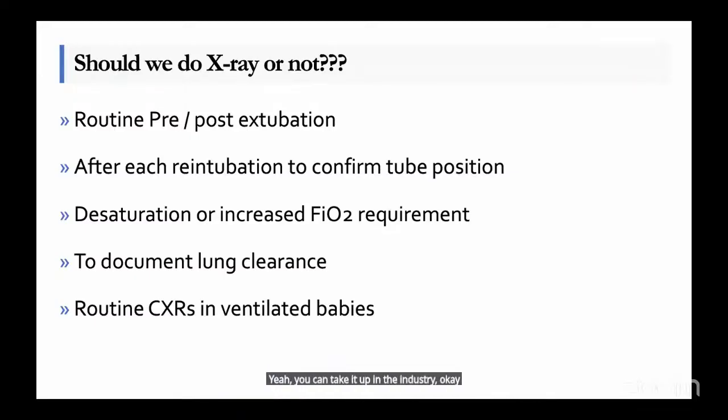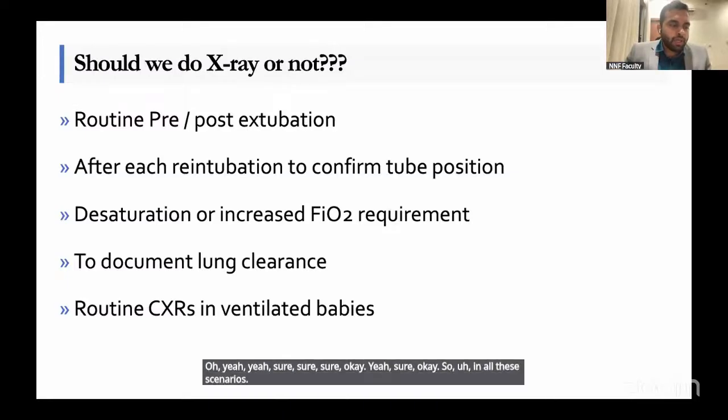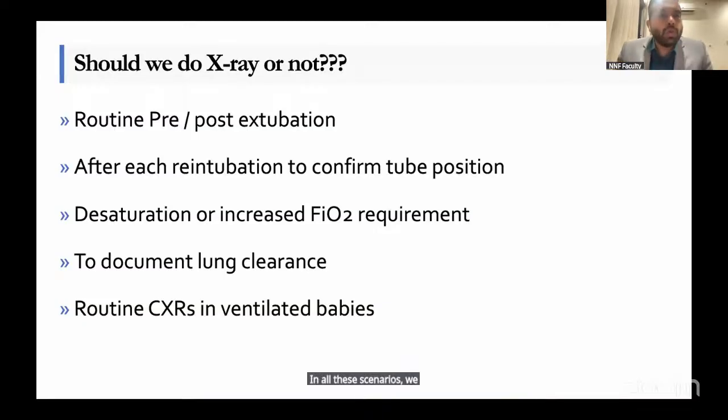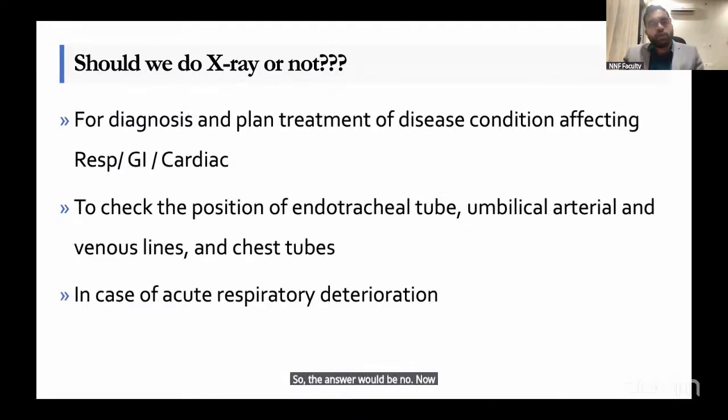In all these scenarios, it is not a routine that we do a chest X-ray. So the answer would be no. Now, what about these scenarios?